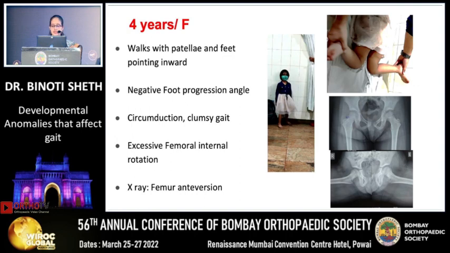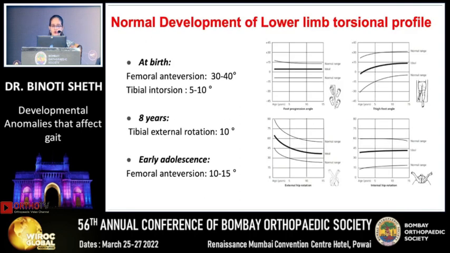Just as we saw the angular alignment, we must know the normal development of the lower limb torsional profile. At birth, we know that the femur is more anteverted, almost 30 to 40 degrees, and the tibia is also in torsion about 5 to 10 degrees. Both femur and tibia gradually externally rotate, and by 8 years, the tibial external rotation is about 10 degrees, and by early adolescence, you achieve your normal femoral anteversion of 10 to 15 degrees.